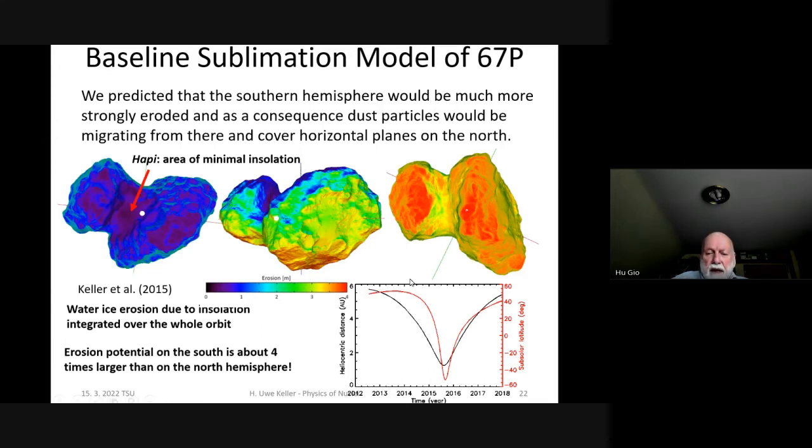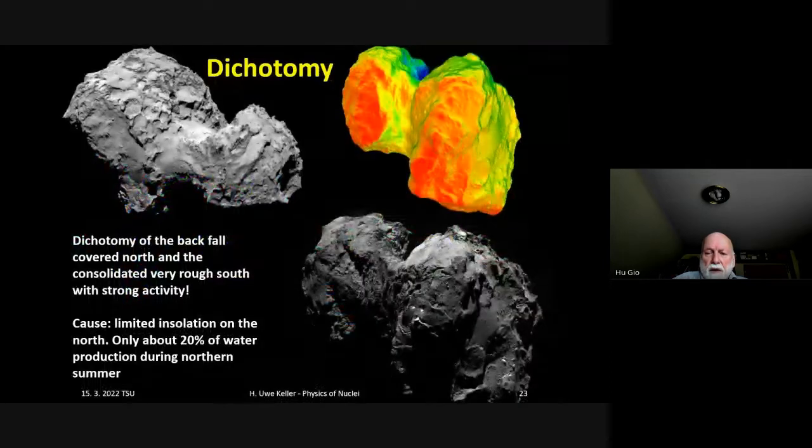Therefore, during perihelion, shown here by the black curve, the subsolar latitude is given here as more than 50 degrees. So you see during perihelion, you have strong southern summer, and this provides a quite different production on both of the sides. The south is eroded, rough, and part of the material is deposited onto the north.